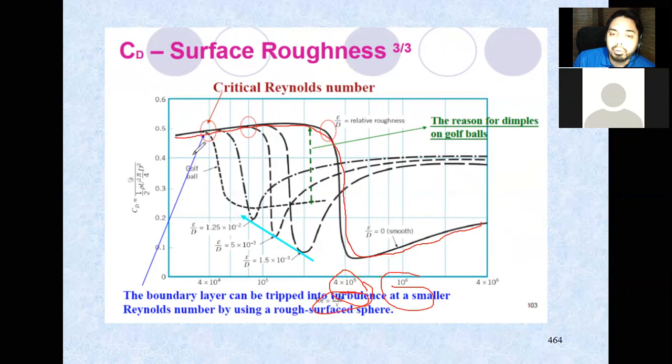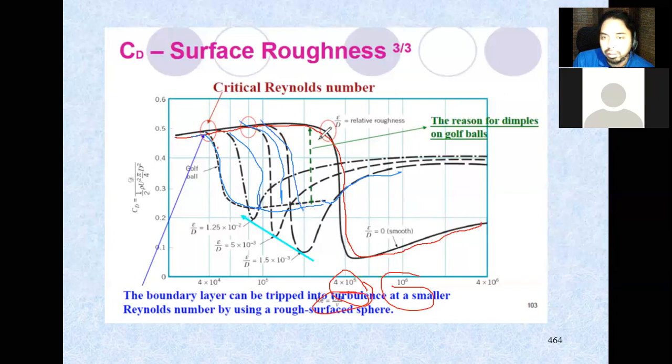So what you can do is introduce surface roughness or dimples on the golf ball that will alter the characteristic of the drag force. Let's use a blue color over here, like this, and then you're going to have the same curve like this, for example.